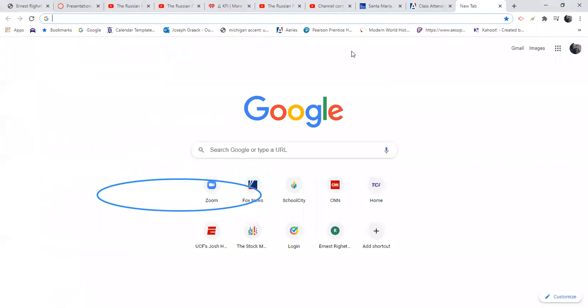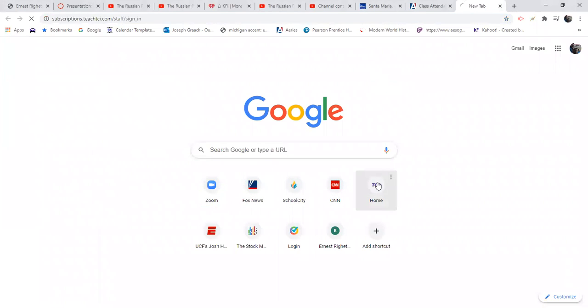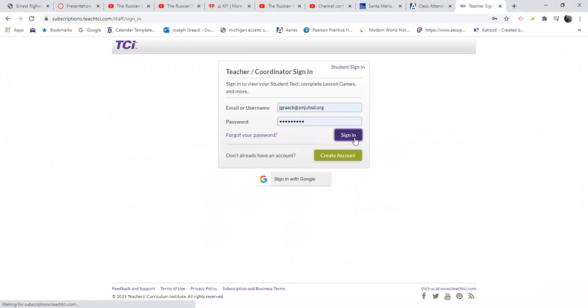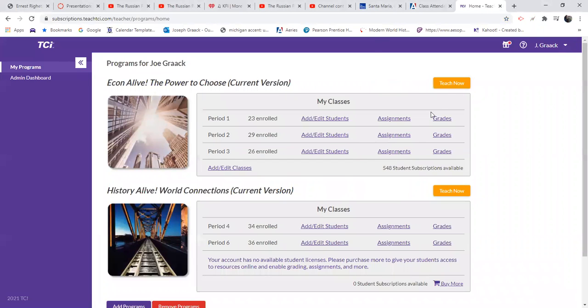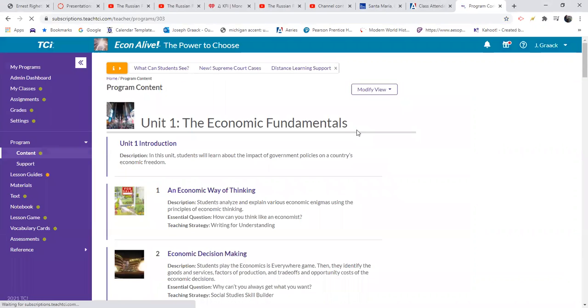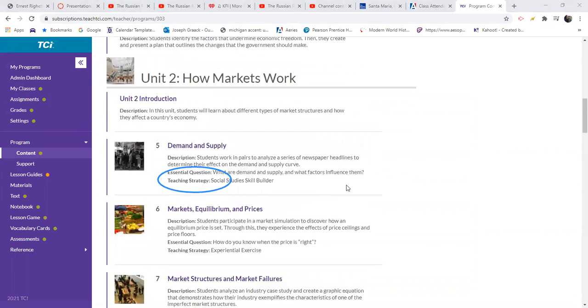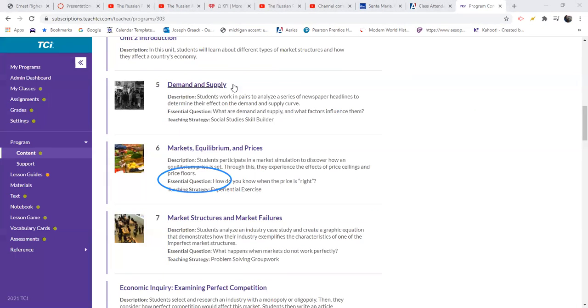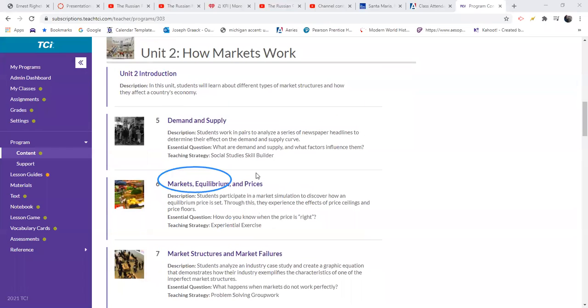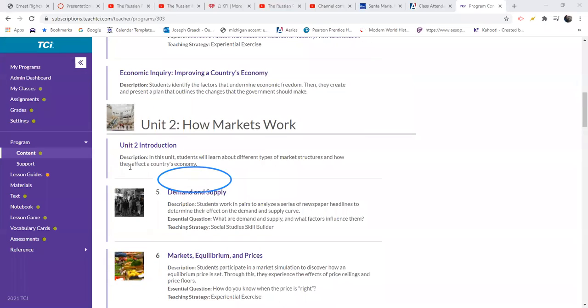And so once you are in there, basically what it does is allow for you to have access to an online text. So if you ever want to go back and review something, you can see here, economic systems, what we talked about yesterday is available. Later, when we get into supply and demand, unit 4 and 5, or even equilibrium, which is unit 6, you'll see that you have some text here.